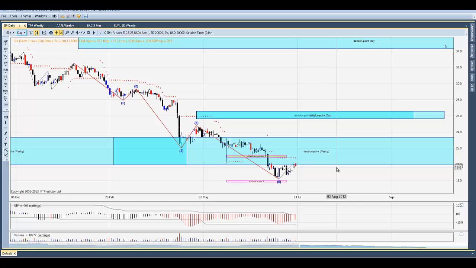We know there's a lot of this divergence between the paper price of silver and the actual physical bullion. We're having it not so much in the West, but in the East.